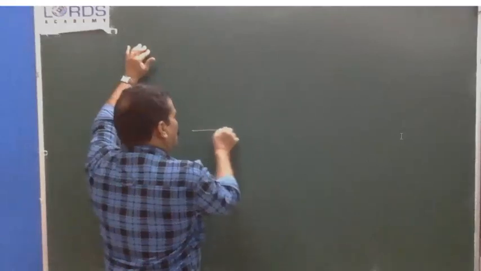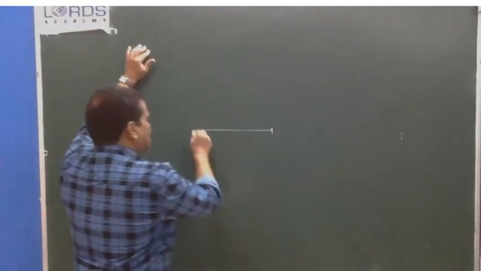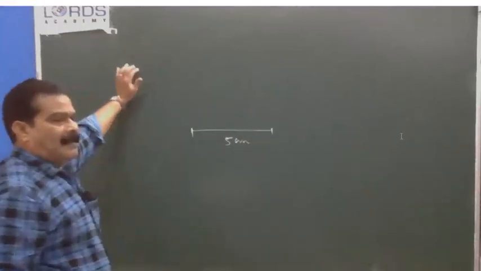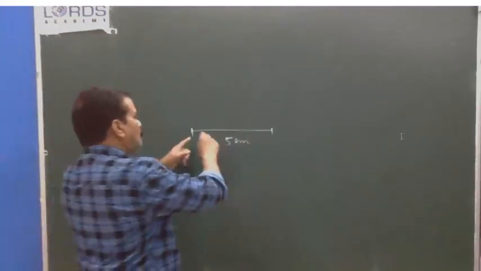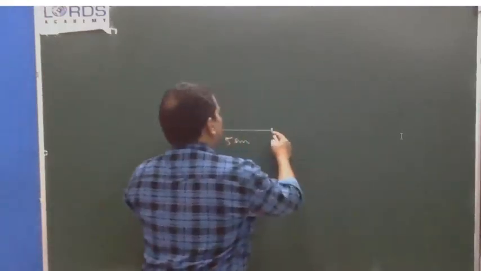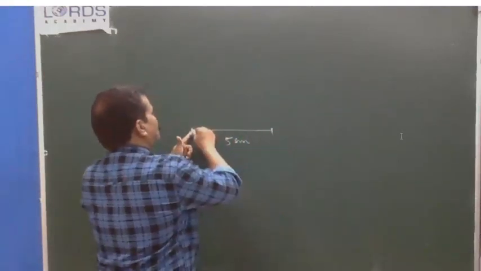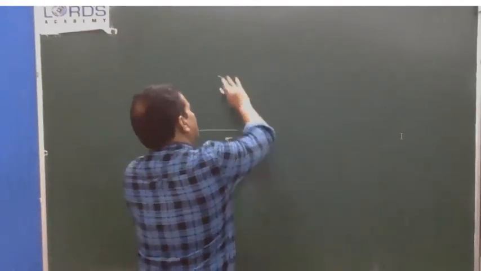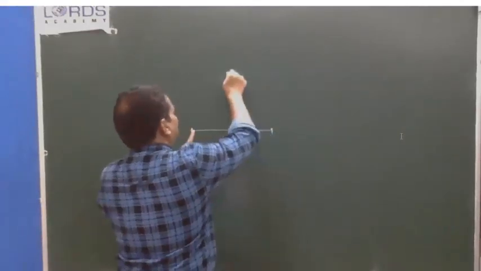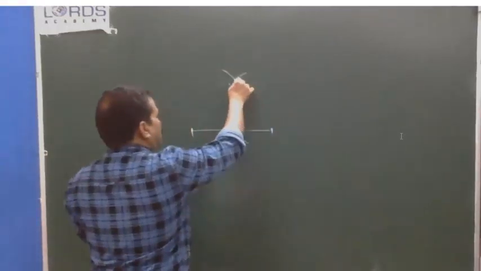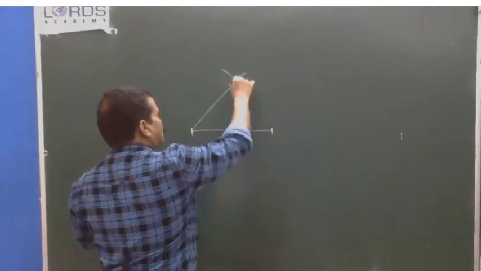First of all, you draw this, one side is 5 centimeter, and then you take 5 centimeter from here, an arc here, another arc here, this arc like that 5 centimeter, this also 5 centimeter, and then join it.